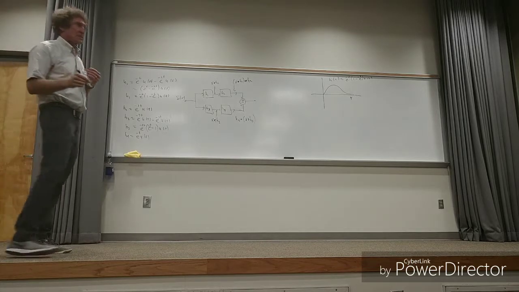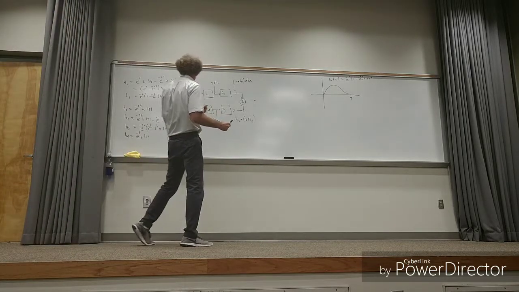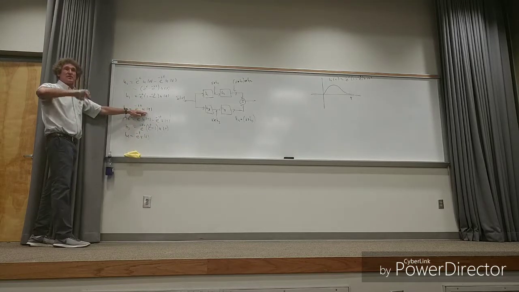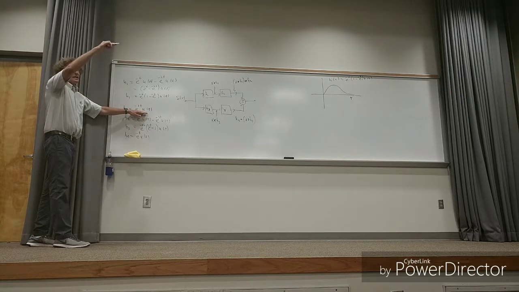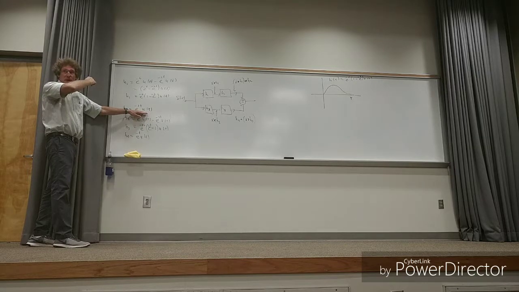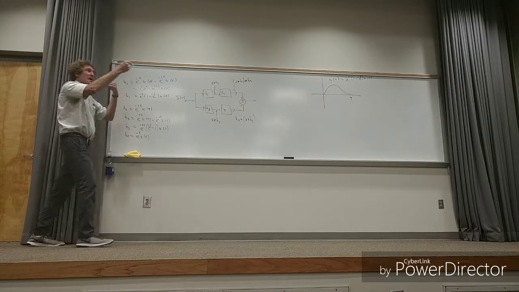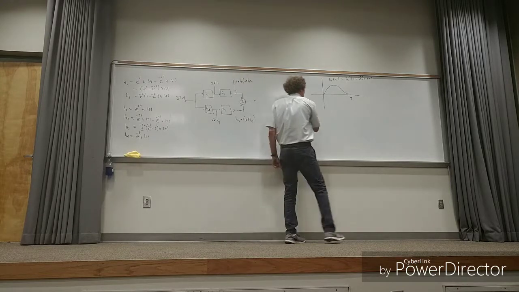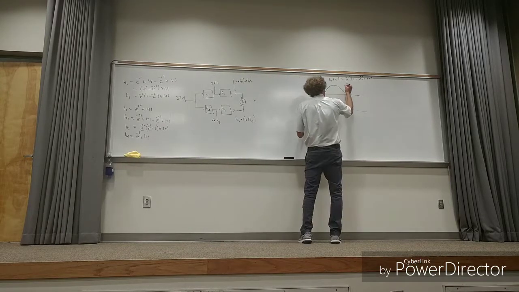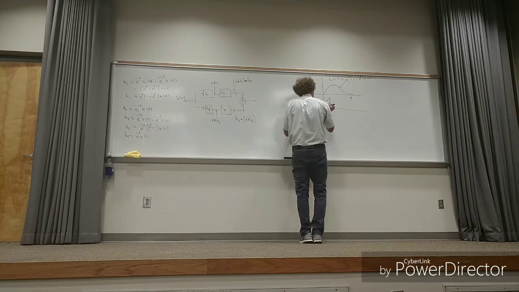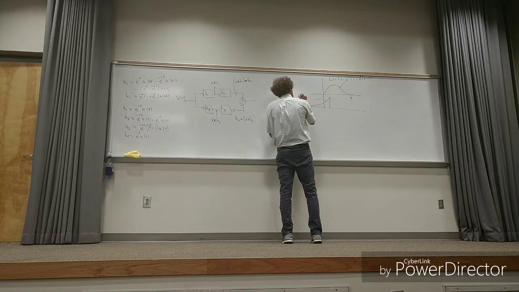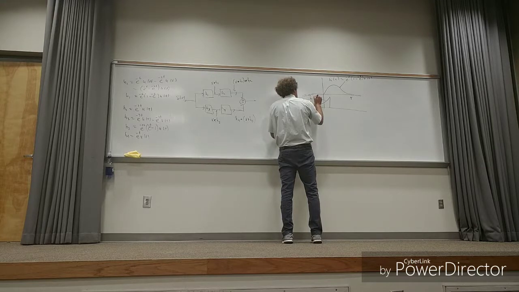Now, when I take the second one, h2, and I flip and shift, if you've done your work, you know what I mean by that. Are you with me, class? If I look at e to the minus 3t, it's a decaying exponential. When I flip it, it's a decaying exponential in the negative t direction. Do you all understand that? And then when I add that offset, I get this. The equation for this is e to the minus 3 times t minus tau, u of t minus tau.